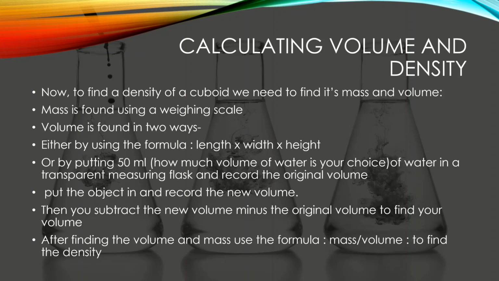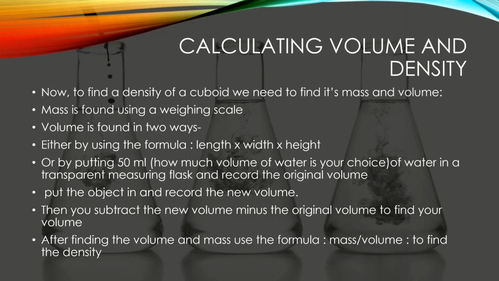We pour the irregular object in it, and the volume changes to the volume of the water plus the volume of the object. The difference gives the volume of the irregular object.